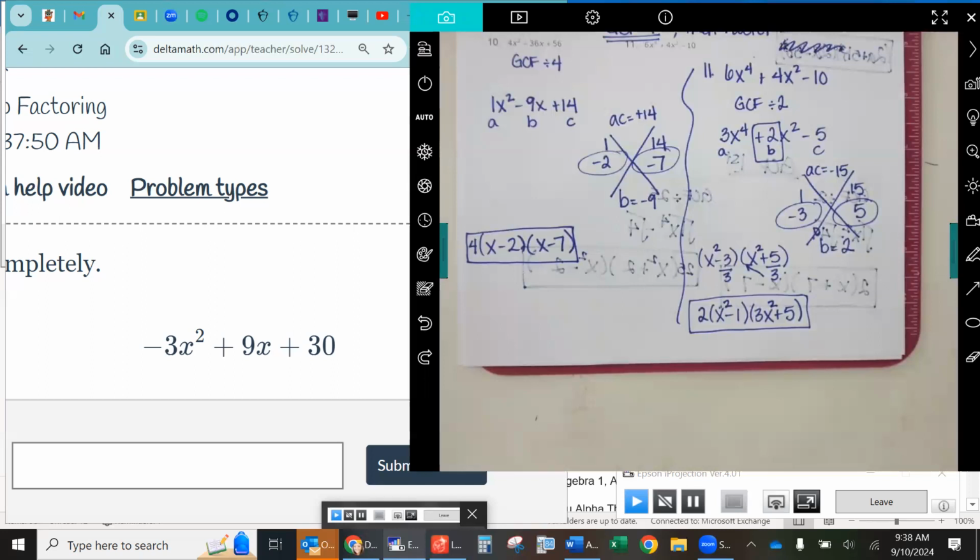Okay, what are you dividing by? What number? 3, I want you to change that to a -3. Here's why. What do I want my A to be in the front? A needs to be a 1, right? So if there's a -3, get rid of the whole thing. So when you GCF right now, take out a -3, okay?